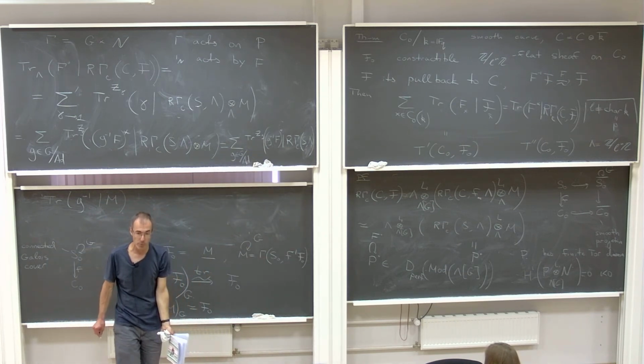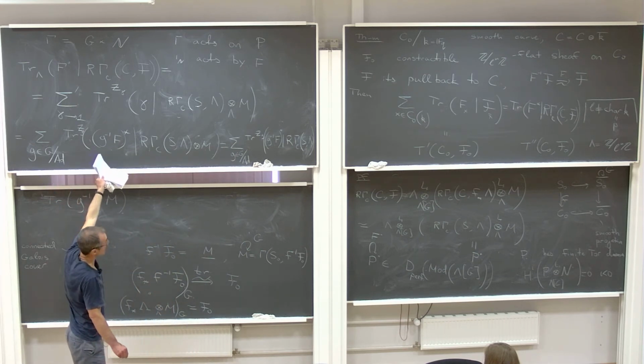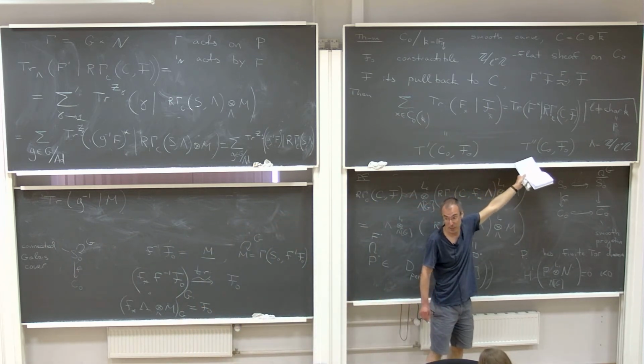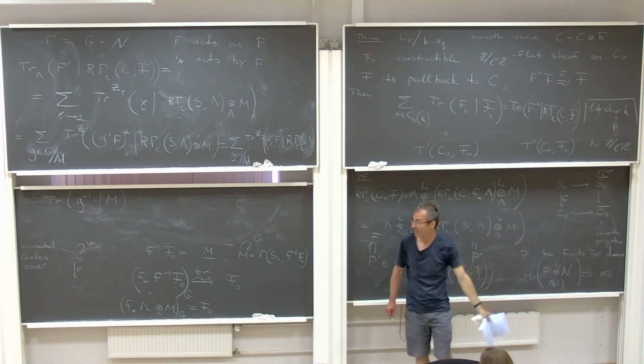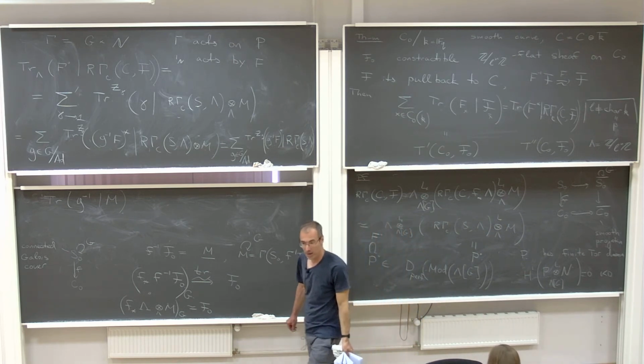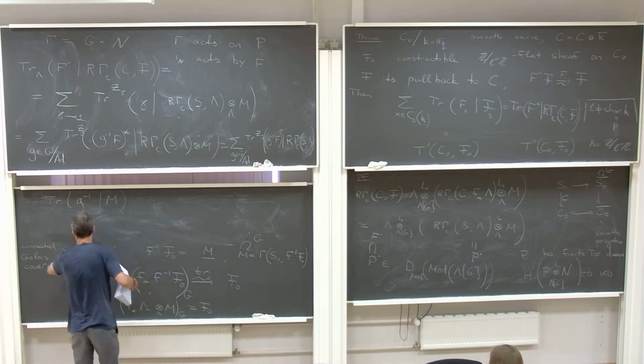Now what do we want to prove? We want to prove that this sum, this is our T double prime, right? We want to show that T double prime is 0. If you want to prove that a sum of several quantities is 0, it suffices to prove that each quantity is 0. And that's what we will prove.